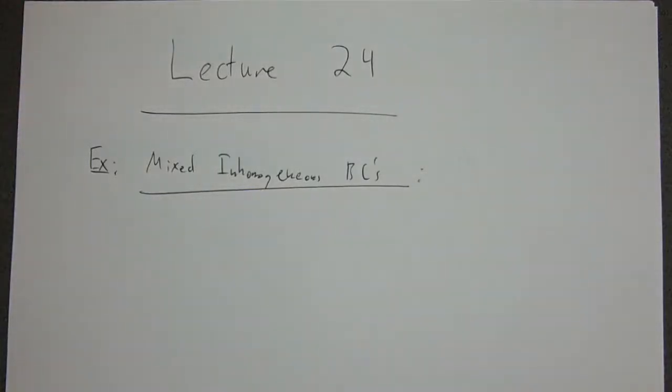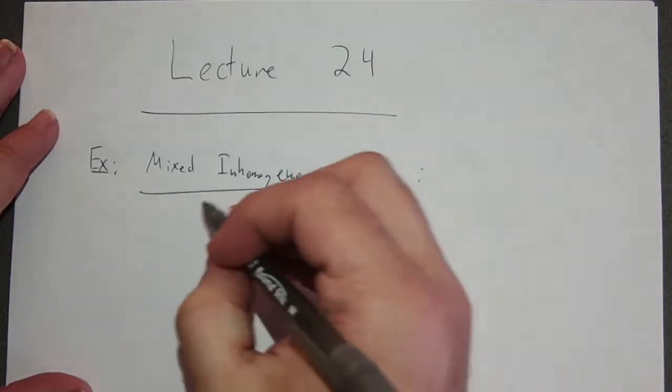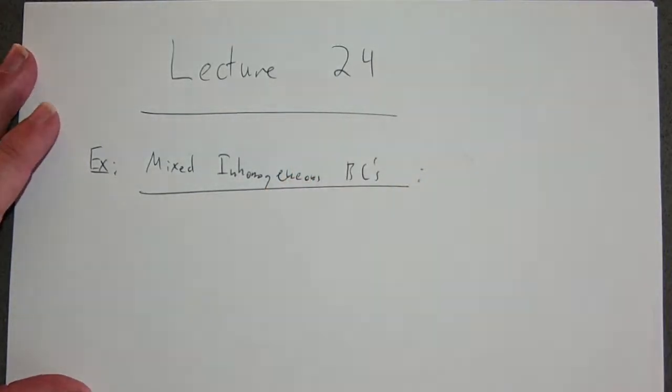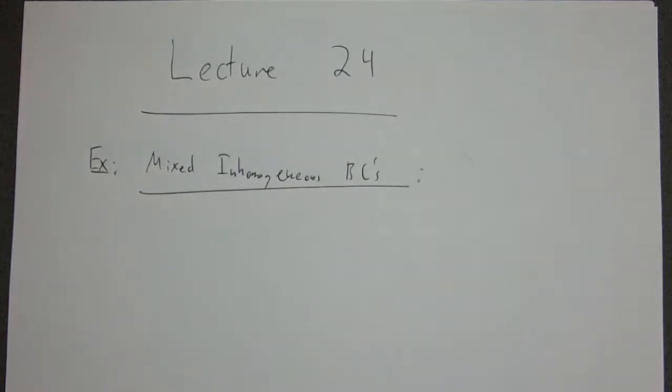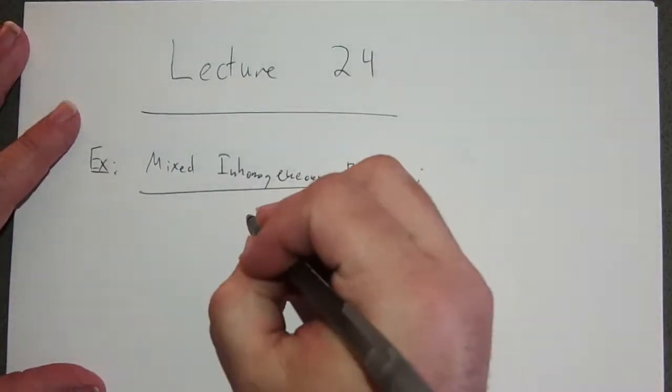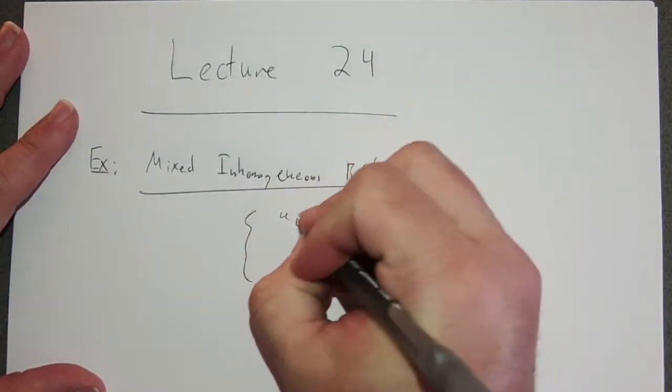Okay, and so let's do this for the heat equation, just for simplicity's sake, and this same sort of method you could think about how that would work for the wave equation. So let's look at the heat equation.